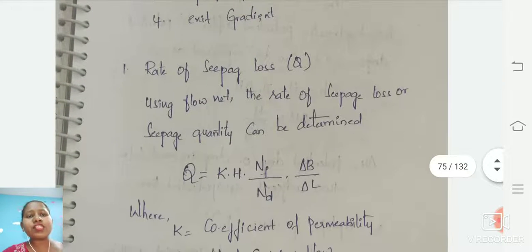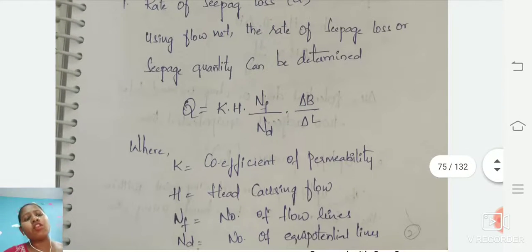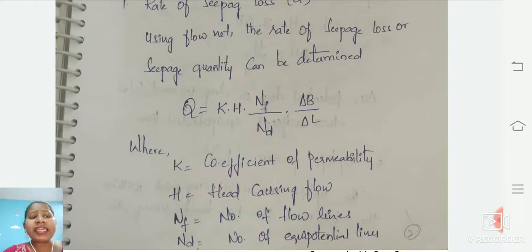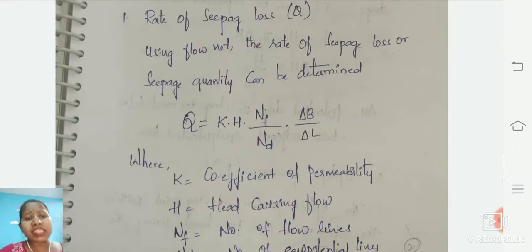If we go for the first one, what is rate of seepage? The seepage loss, whatever the loss which is given, is nothing but the discharge, that is Q, and we will be using it as Q. The quantity of flow lost is taken in the formula Q is equal to K into H, where K is the coefficient of permeability, as we have been studying, the constant which we use, and H is the head causing the flow, that means the height of the flow.